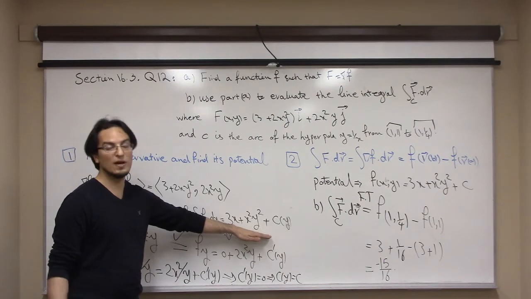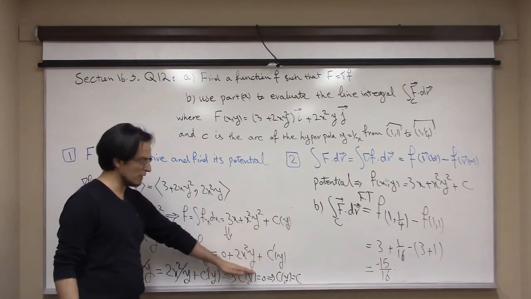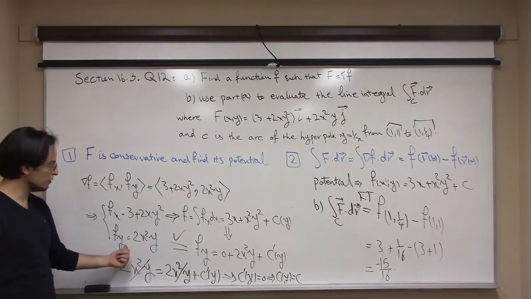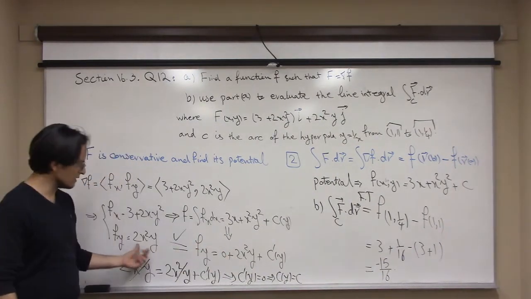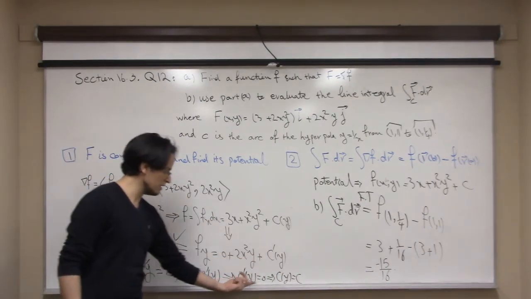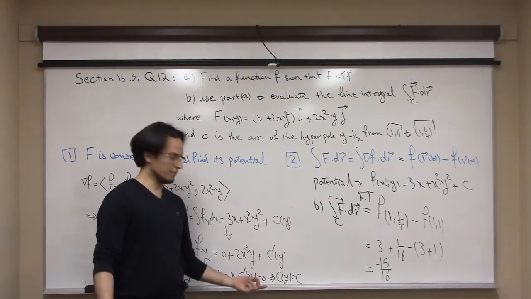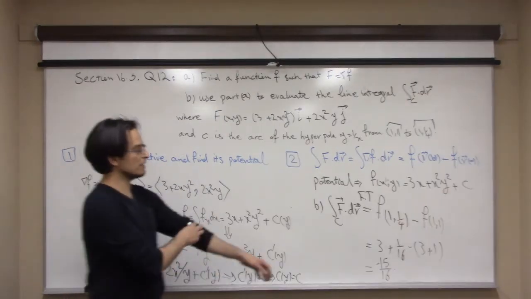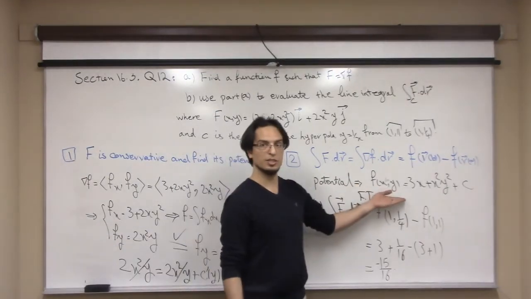If I find the derivative of that with respect to y, I get this. But since I already know fy is equal to these things, I set them equal to each other and find an equation for c prime, which gives us that c of y is just a constant. So that way I find the potential.